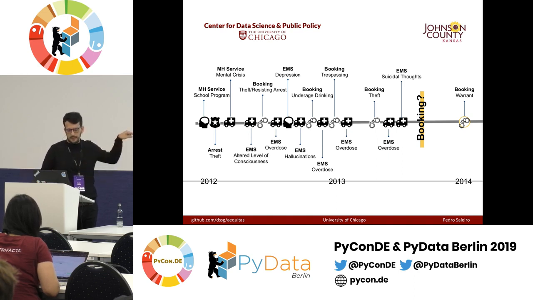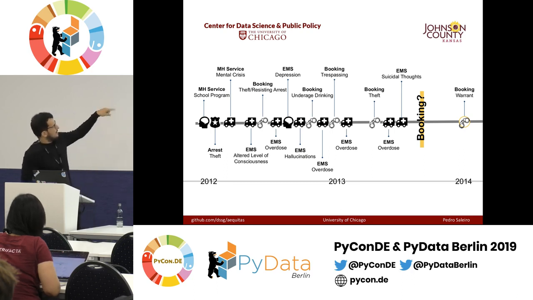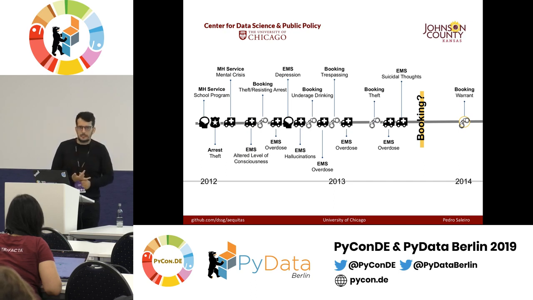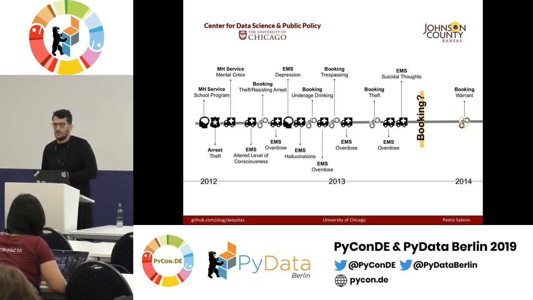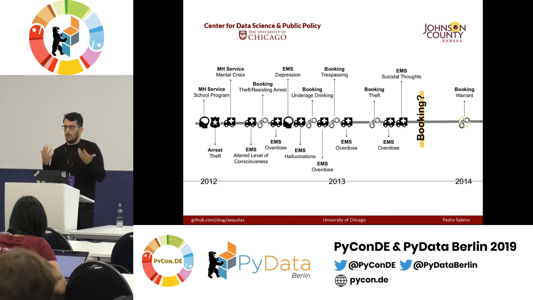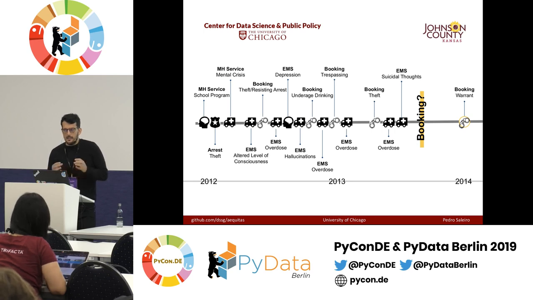And we were able to really trace all the interactions, all the touch points of the individuals with emergency medical services, 911, bookings from the police, all interactions with the police officer get some kind of log. We had access to them. Mental health consultation and services, public health consultation. And the goal here is to tackle the problem of recidivism in people with mental health issues.